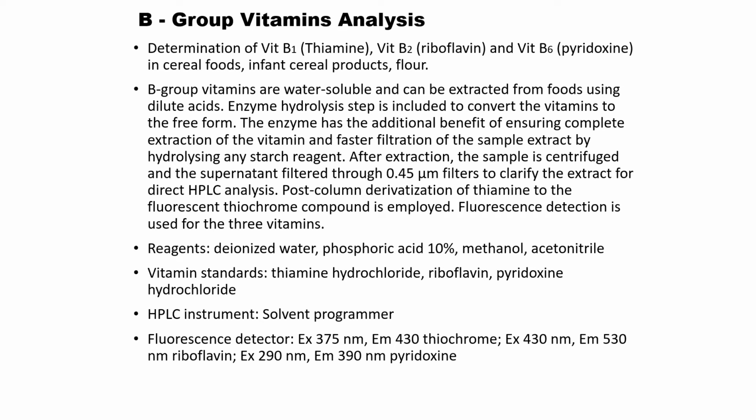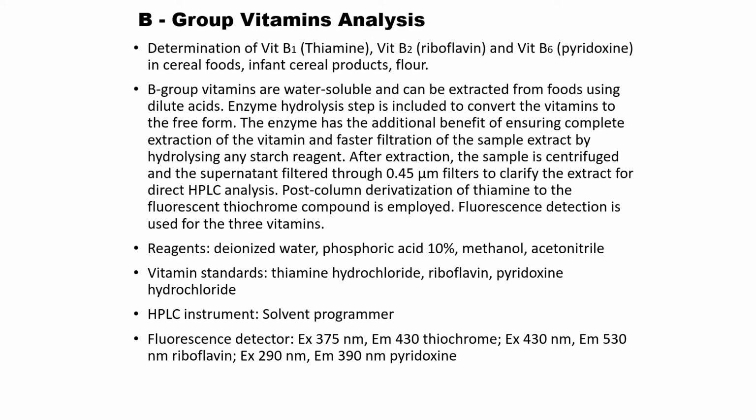Post-column derivatization of thiamine to the fluorescent thiochrome compound is employed. So basically fluorescent detection is used for these three vitamins. The reagents they use are deionized water, phosphoric acid 10%, methanol, acetonitrile. For vitamin standards, they use thiamine hydrochloride, riboflavin, pyridoxine hydrochloride.